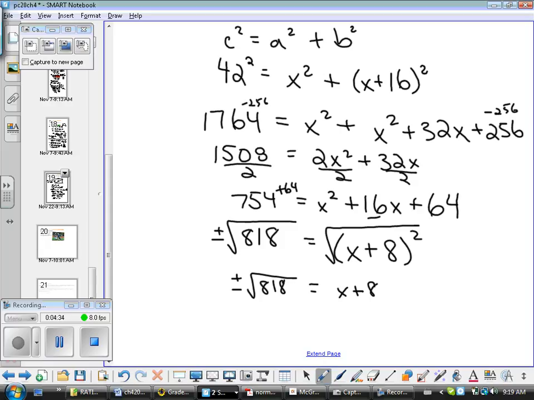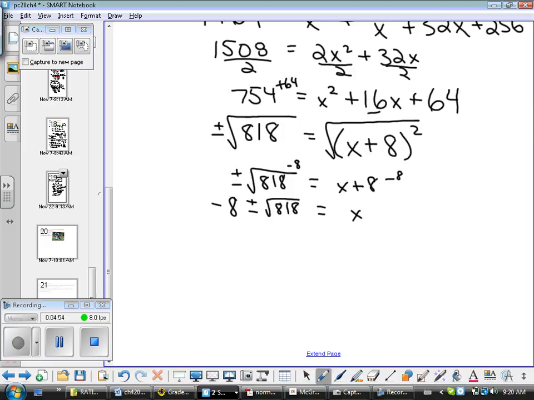Okay, so I end up with, when I subtract 8 from both sides, negative 8. Okay, subtract 8, or add a negative 8. And I like to put my rational number before my root here. Okay, that's just why I added the negative 8 on the left instead. Okay, so x is equal to negative 8 plus or minus root 818. So I'm going to use my calculator to find out what the square root of 818 is. It's 28.6.